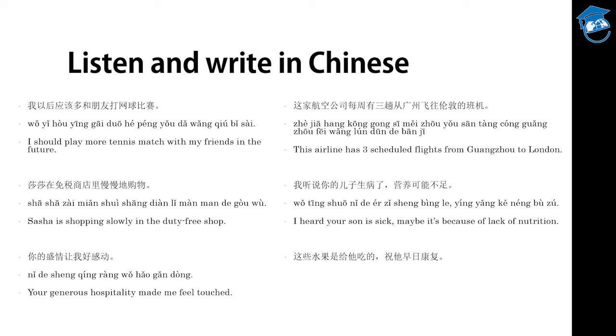It means these fruits are for him to eat. Wish him speedy recovery. 这些水果 should be very straightforward. It means these fruits 是给他吃的, for him to eat, to be given to him to eat.